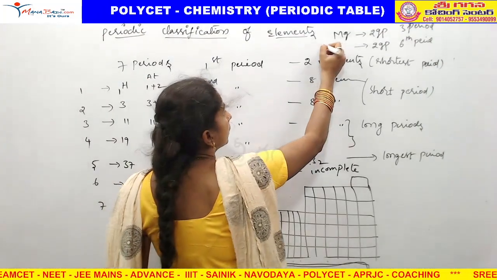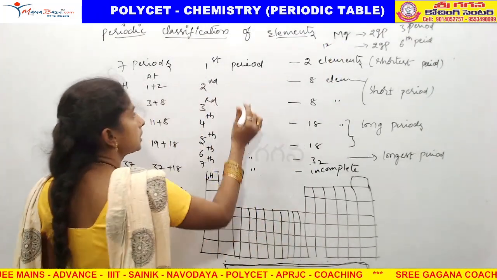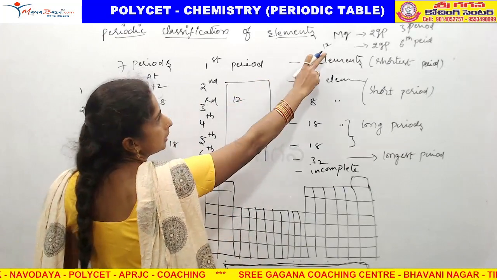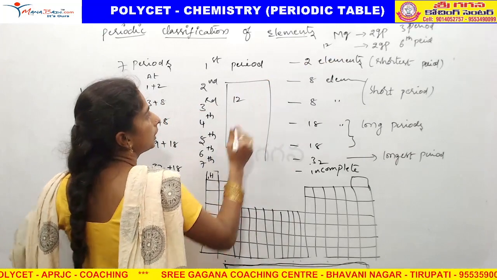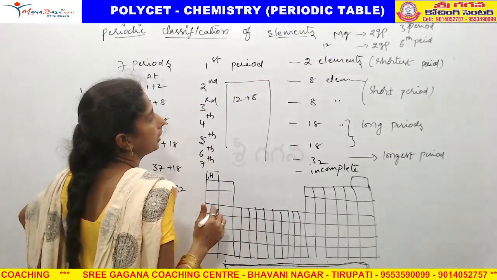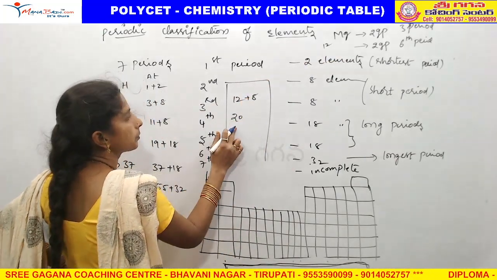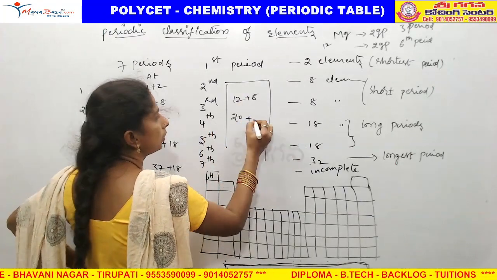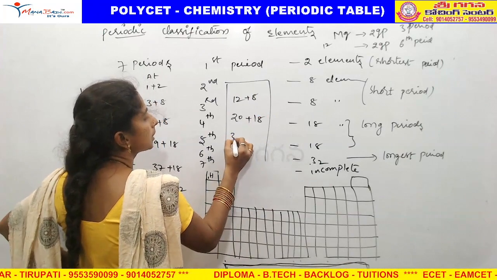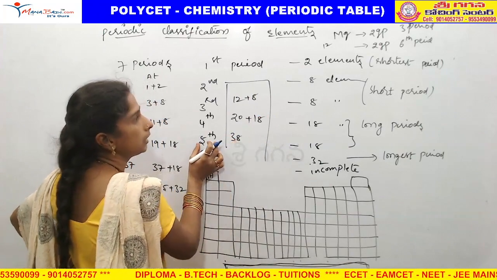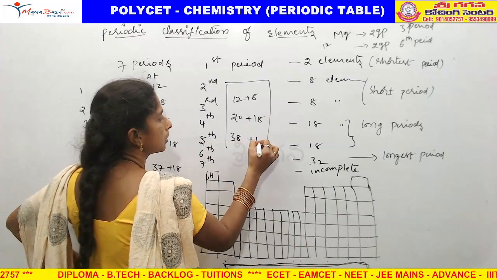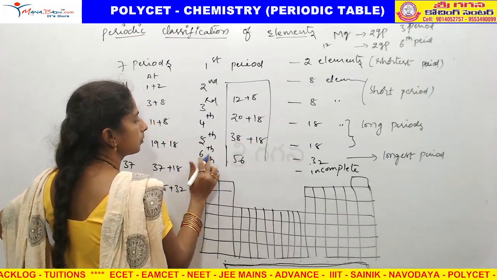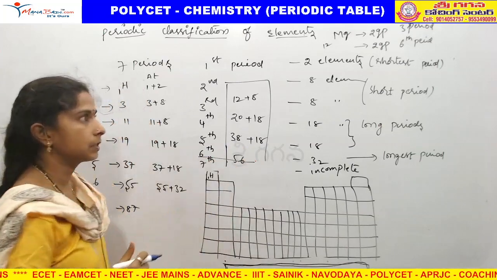Magnesium atomic number we know is 12, which means it is present in the 3rd period. In the 3rd period, how many elements do you need to add? 8 elements, so the 20th element is present in the 4th period. We don't want the 4th period. Again, you need to add 18, so the 38th element is present in the 5th period. We don't want that also. Add 18, so the 56th element is present in the 6th period.